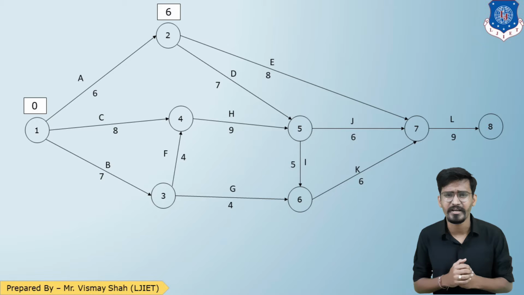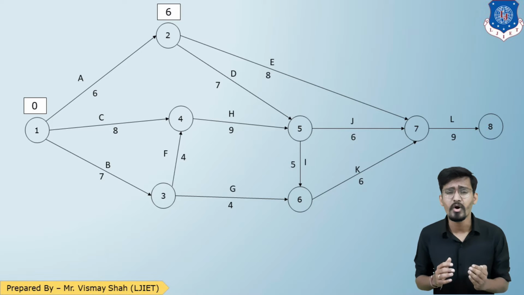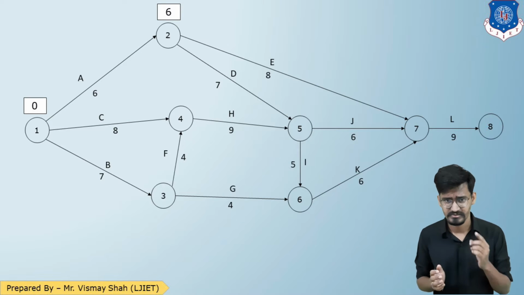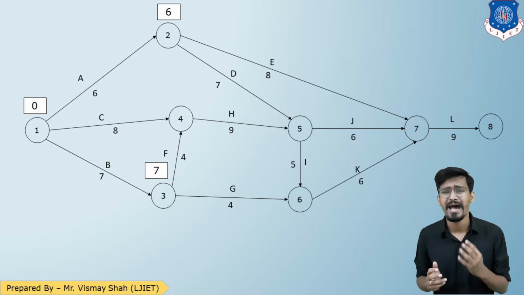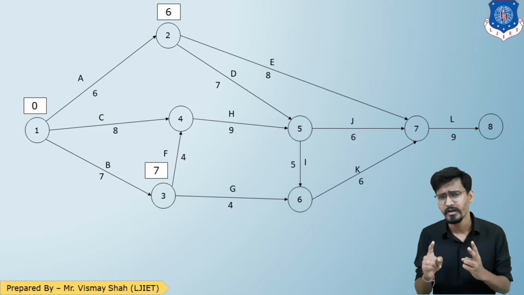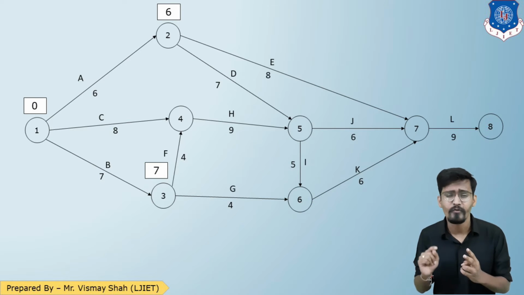Now let us talk about point number 3. 0 plus 7, 7. There is only one way. Now if we talk about point number 4, there are two ways: 1 to 4 and 3 to 4. If I go from 1 to 4, 0 plus 8, 8. But if I go from 3 to 4, 7 plus 4, 11.